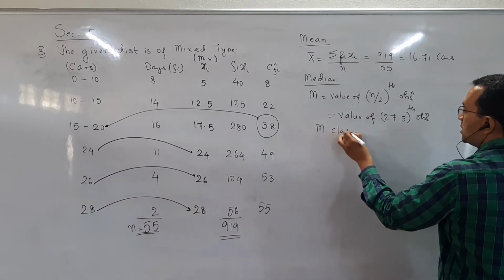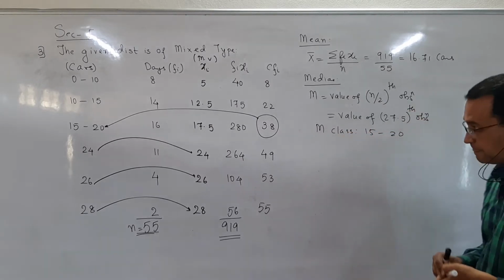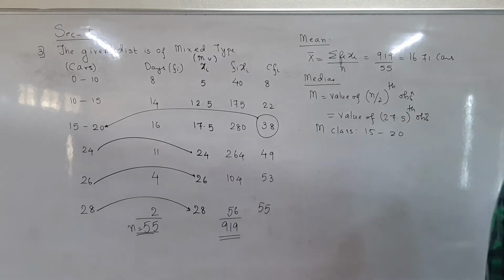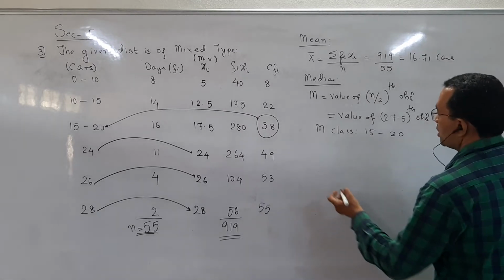So median class is 15 to 20, and mind you, the classes are exclusive. So, students, class limits and boundary points turn out to be same.